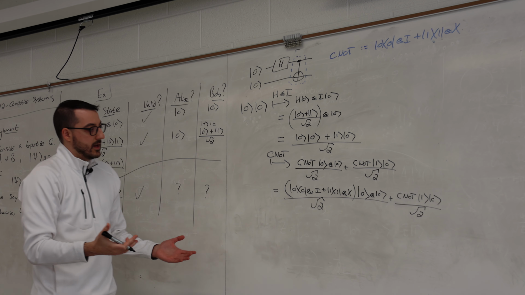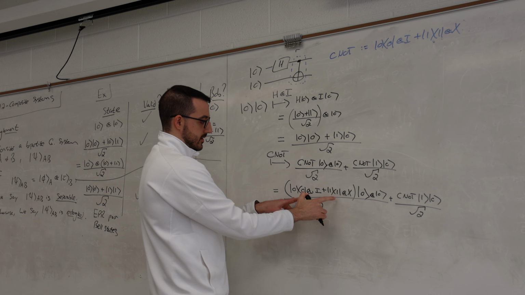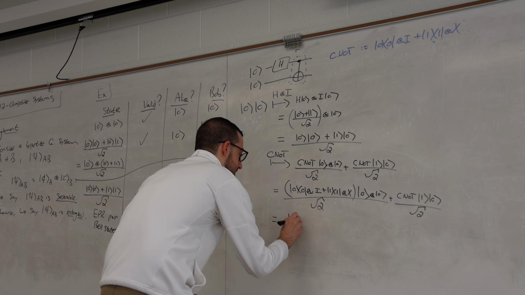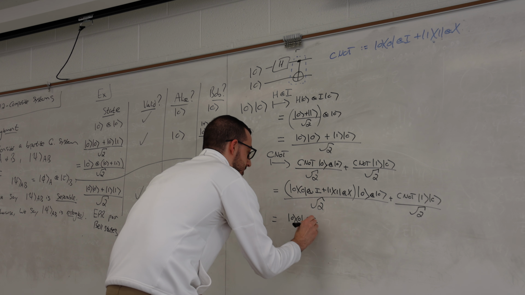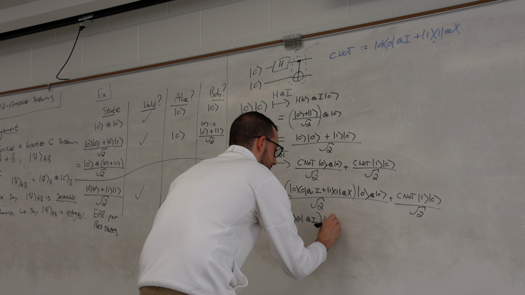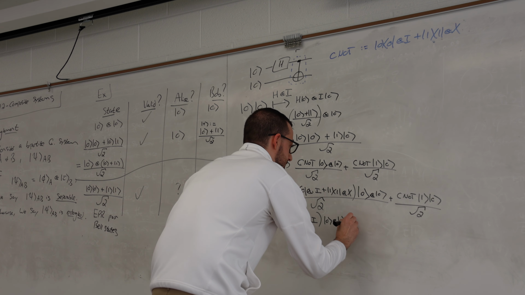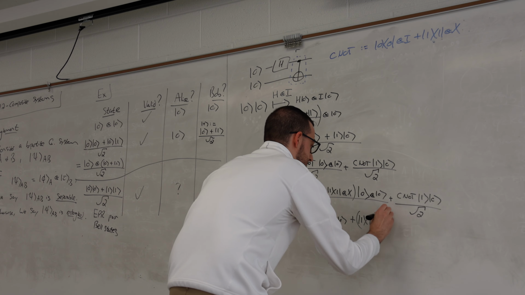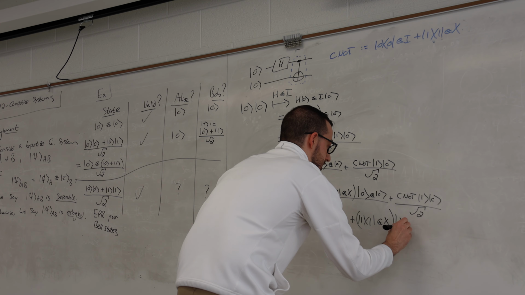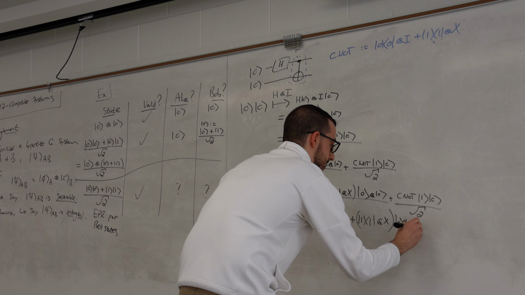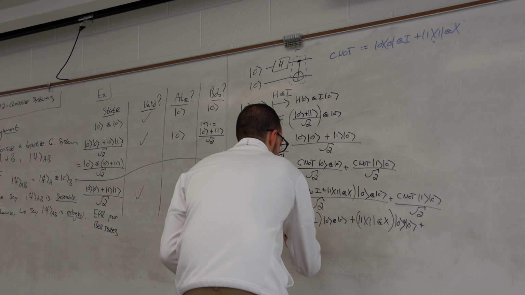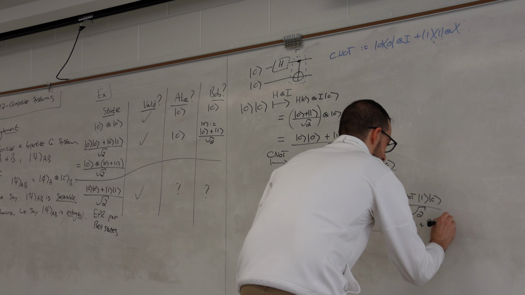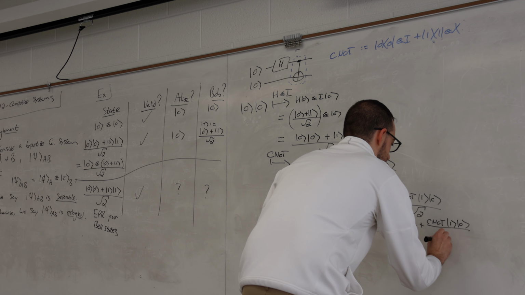Let's use linearity again. So again, I'm going to apply this sum of operators to a state. So linearity principle one more time. 0, 0 tensor identity applied to 0 tensor 0, plus outer product 1, 1 tensor Pauli X applied to 0 tensor 0. The other term is hanging around for the ride, CNOT 1, 0 over root 2.